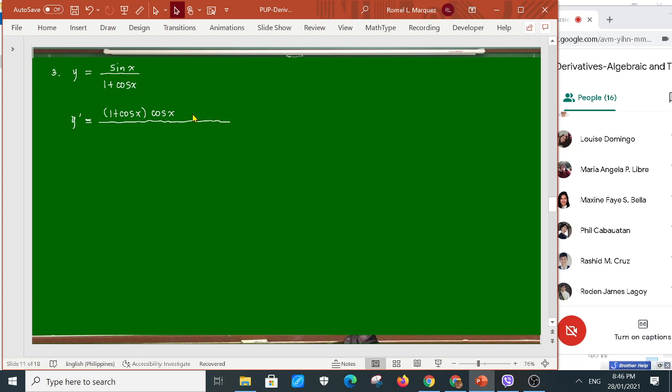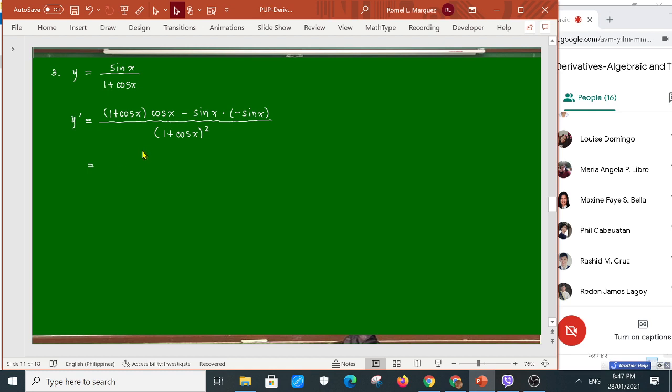Minus the numerator times the derivative of the denominator. What's the derivative of 1? And the derivative of cosine is negative sine. We no longer differentiate the x, since the derivative of x is 1. But if that were 2x, the derivative would still have a 2. Okay, Paulo? All over 1 plus cosine x quantity squared.